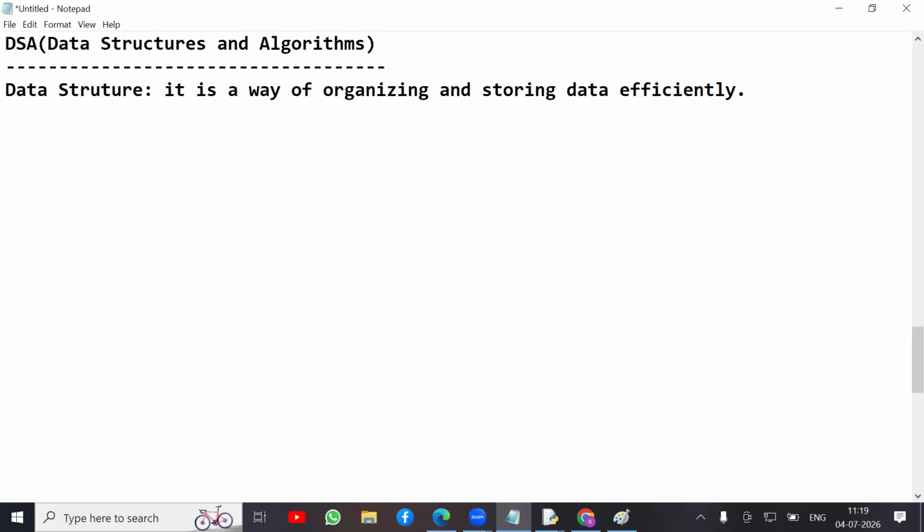That is called data structure. Data structure means it is a way of organizing and storing the data efficiently. Next one, observing very clearly, what is algorithm?